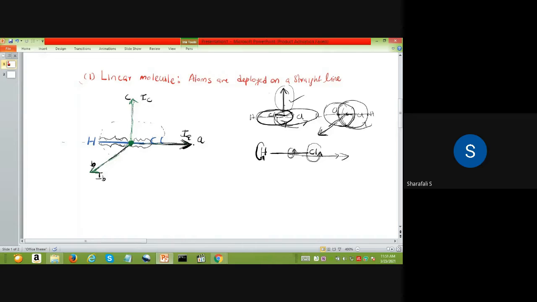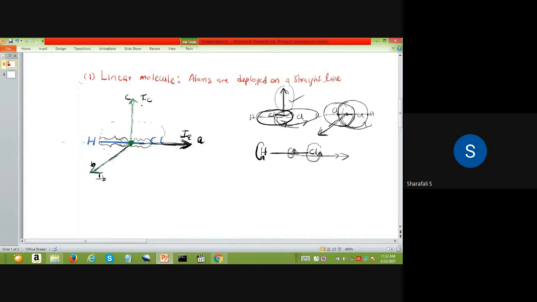Why is this the A axis? Because about this axis, the moment of inertia is zero or the minimum. So where the moment of inertia is minimum, we treat that axis as A, and the corresponding moment of inertia will be IA. That is the conventional method.